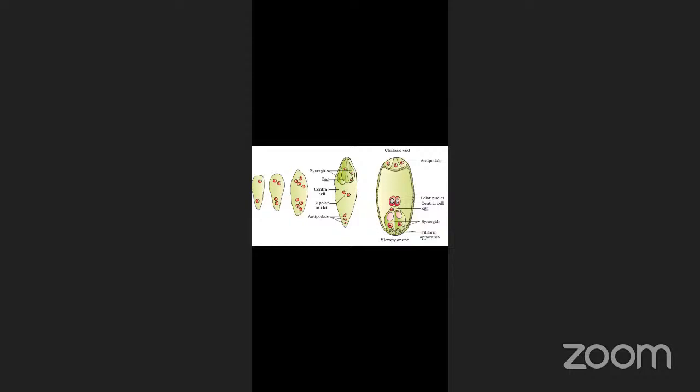So first of all, let me draw a rough diagram of the ovule. For example, rough diagram. Ovule wall. This is the micropyle. And somewhere here the funicle. So this is the ovule structure.